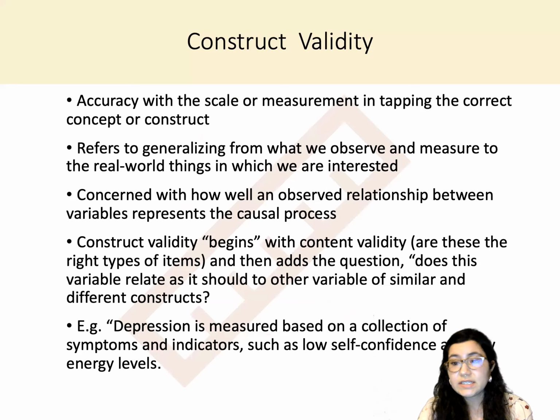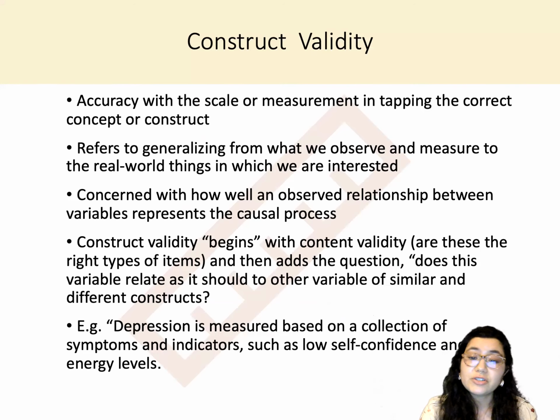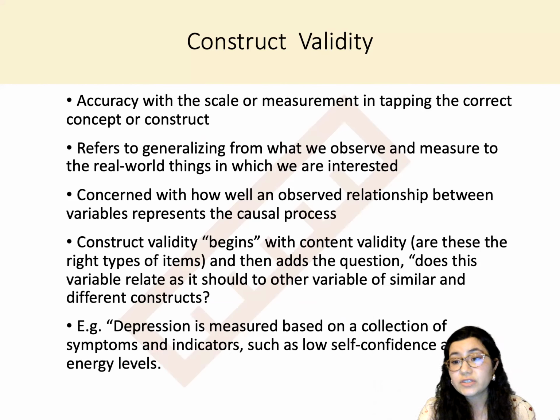So construct validity is making sure that what you're actually measuring is reflective of the constructs that you're dealing with. So an example is that depression is measured based on a collection of symptoms and indicators, and you want to make sure that that's consistent with the idea of depression. So if I were asking you a bunch of questions about, let's say, not necessarily how you're feeling, but what you were thinking about, that might not be measuring depression necessarily.